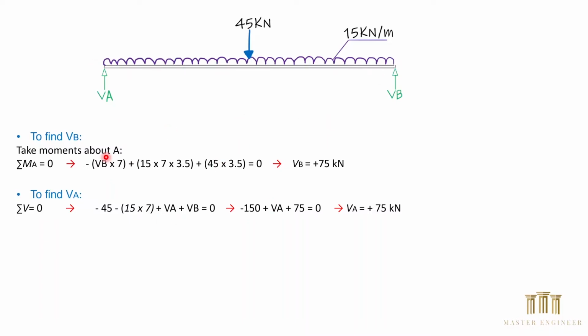Positive VA acting upward, positive VB acting upward, equals 0. The total of all the negative values equals negative 150, plus VA plus the value of VB, which we found here, positive 75, equals 0. Rearrange the values. VA equals positive 75 kilonewton.